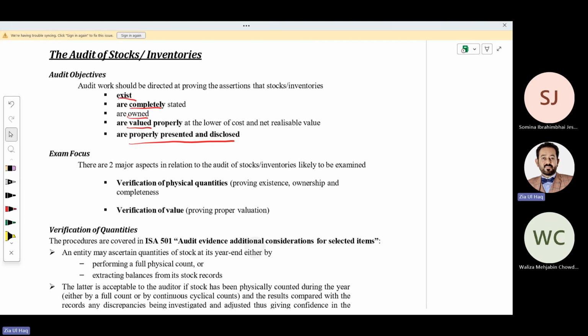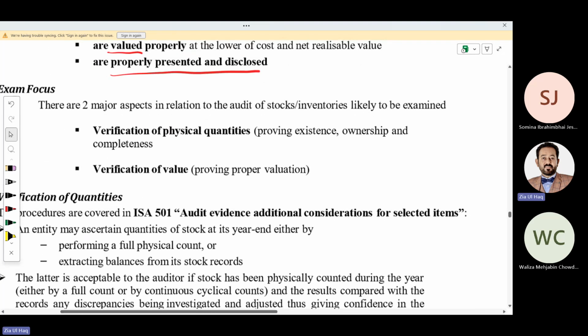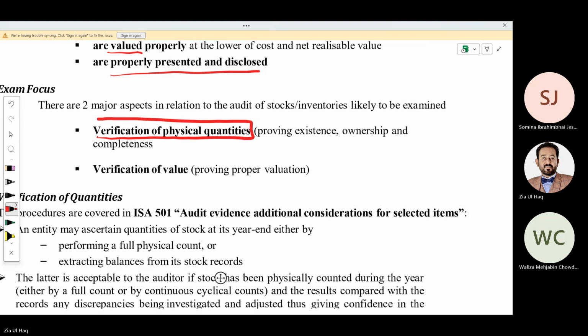This means when we are going to perform an audit of inventory, we need to perform two types of verification. One is verification of physical quantity and the other is verification of value. How can we verify physical quantity?